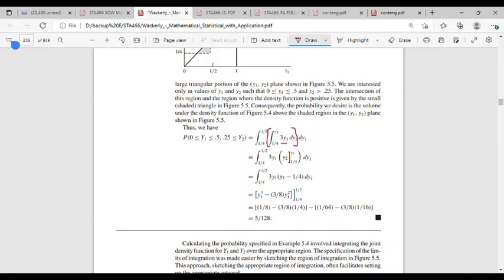Terhadap with respect to y2, integrate 3y1 with respect to y2. So we will get 3y1 multiply y2. Okay, so this one sebab kita integrate terhadap y2, so 3y1 ni we can treat as constant lah. Because of that, kita keluarkan 3y1 here, kita integrate 1. Okay, so akan dapat y2.